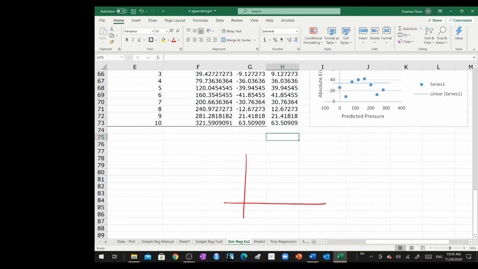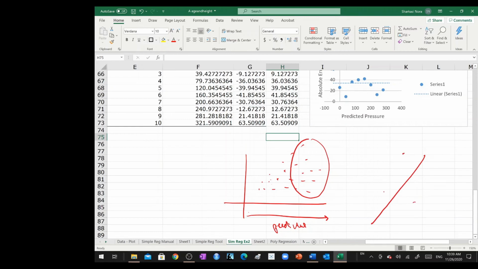Usually with heteroscedasticity, we are worried when we plot the y values and they look something like this. For example, as you see, the variance is very little when the x-axis value is little, but the variance increases. What does that mean? For the predicted values, this is the line, the predicted values, and the actual values. The absolute errors are actually the distance between the actual and the predicted.